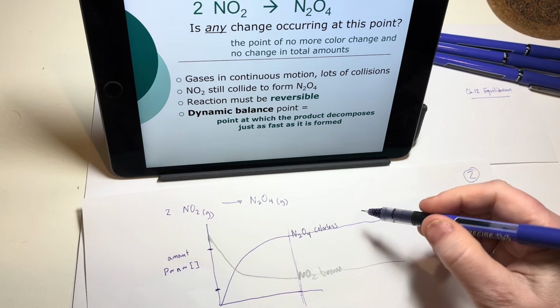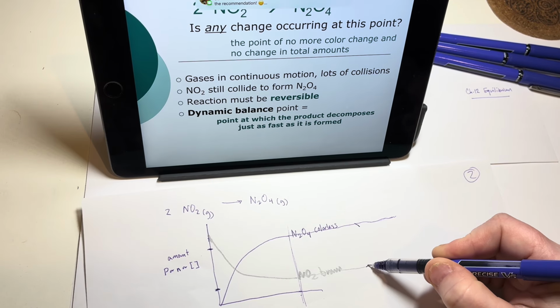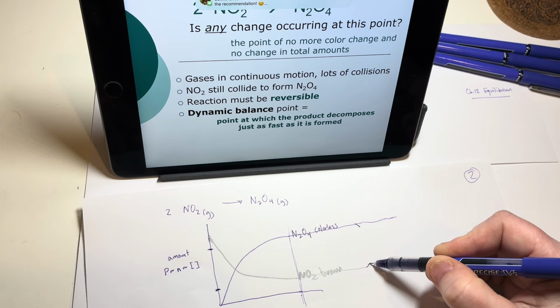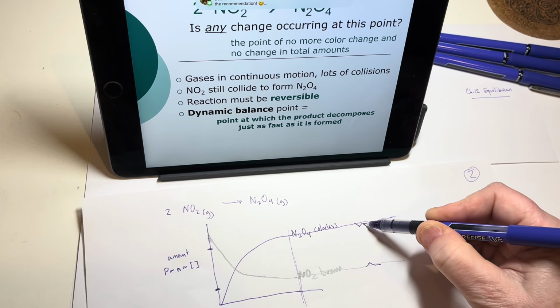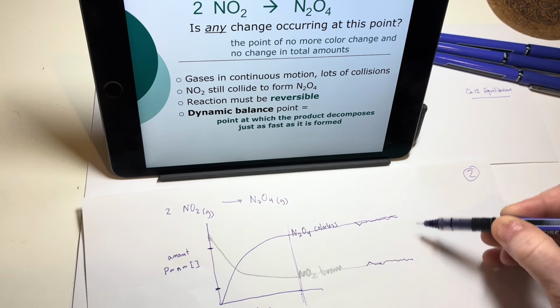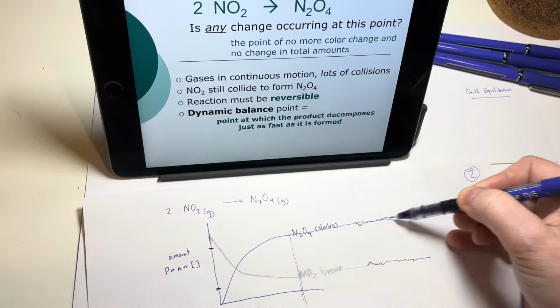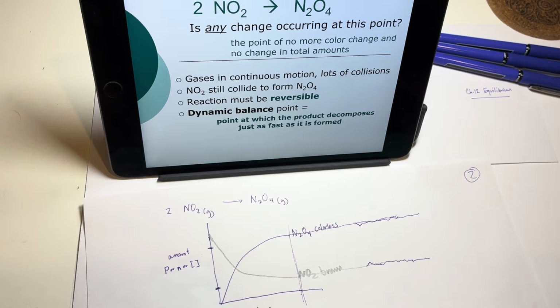So if some of this product splits apart to become reactant, then some of the reactant's going to get together and form the product again. We got some ongoing collisions, but overall, we remain the same amounts of reactants and products.